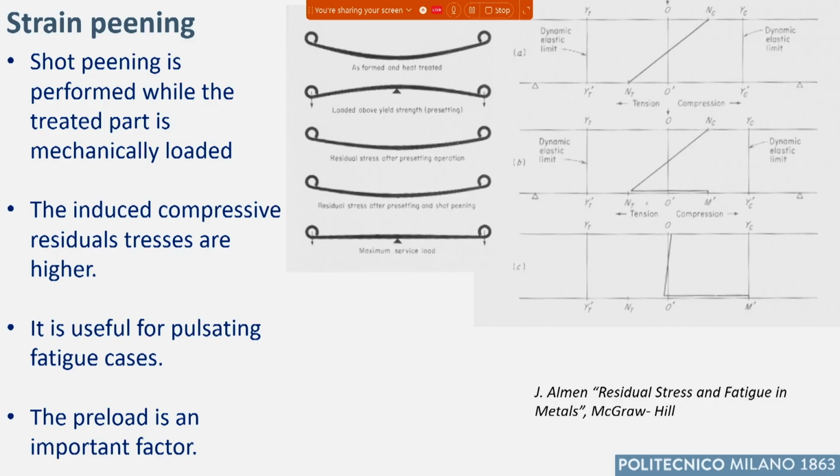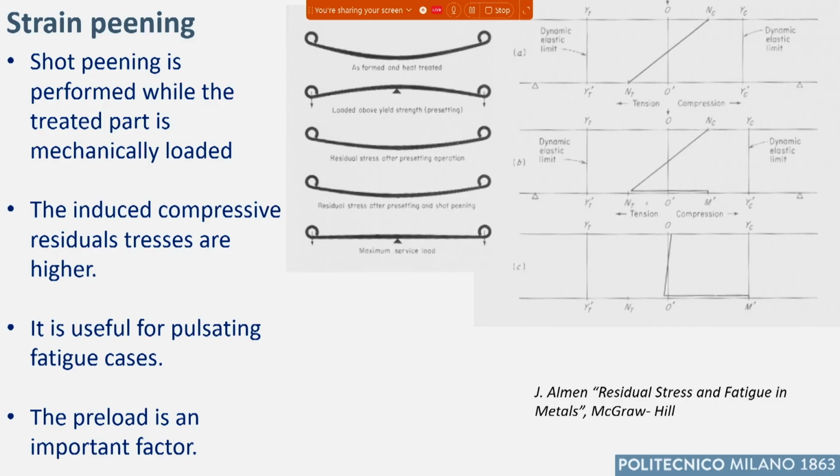We have mentioned the classical example of the leaf spring, where the leaf springs are usually shot peened on one side, because they have a unique direction of the load. This is from ground to bottom up.